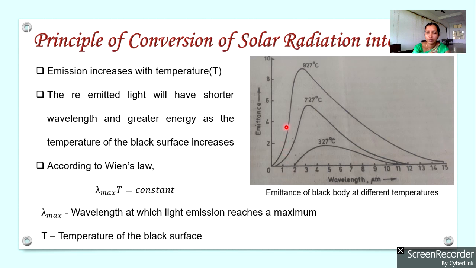This curve shows the plot of emittance from the absorber with respect to wavelength, and we can see that with increase in temperature, the emission also increases. So as temperature increases, the emission from the absorber also increases, and the re-emitted light will have shorter wavelength and greater energy as the temperature of the surface increases.